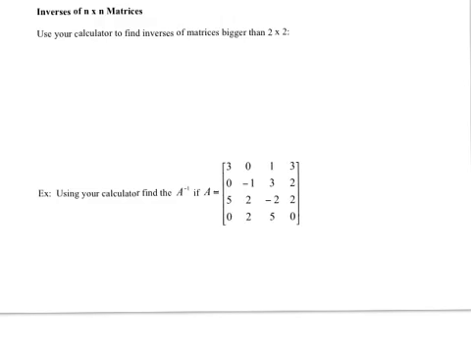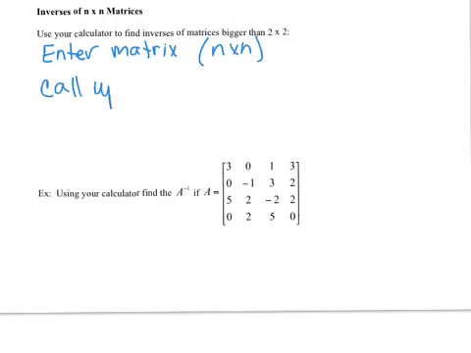To calculate the inverse of something bigger than a 2 by 2, the first thing you're going to do is enter the matrix, and it has to be square, otherwise you won't have any inverse. So you've got to have the same number of rows as columns, so it must be n by n. Then you're going to call up that matrix to the main screen, whatever you called it.